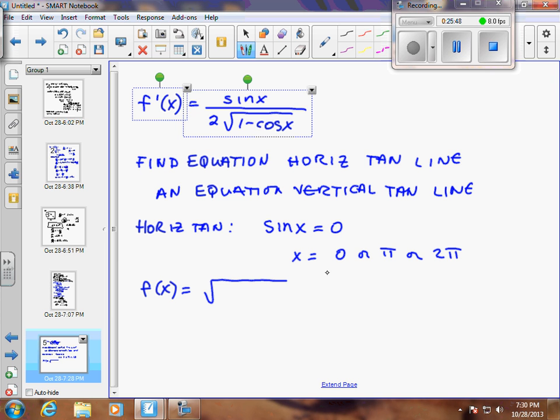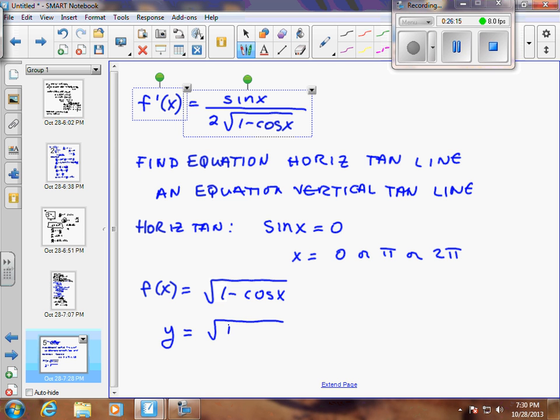How do you write the equation of a horizontal line? Y equals. Are any of these y equals? We need to know what y equals when x is one of these numbers. So my original equation will tell me what y equals when I plug in one of these numbers.